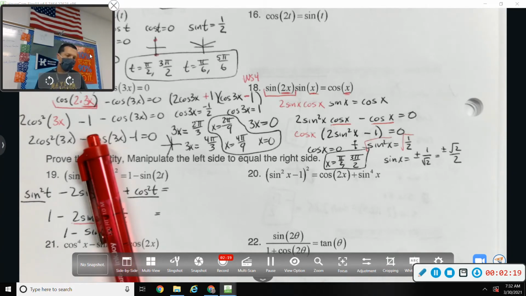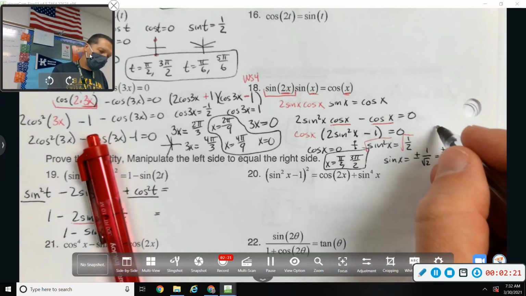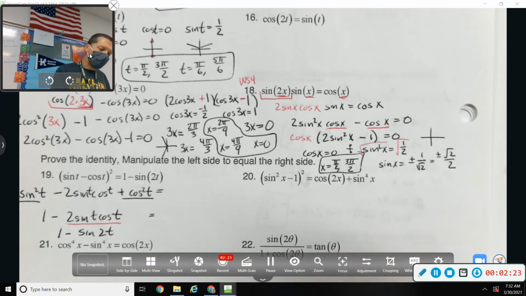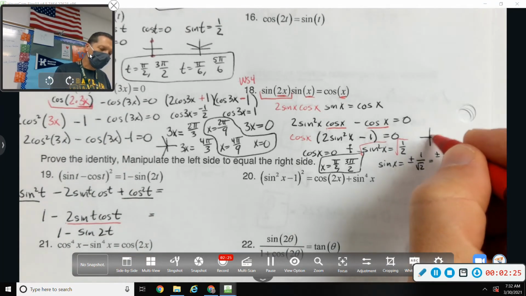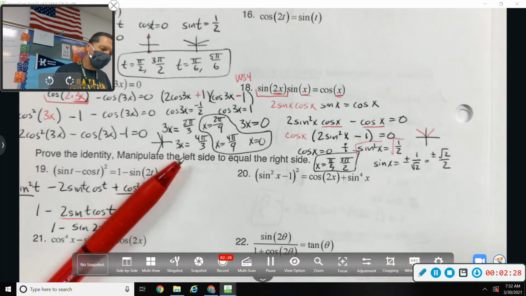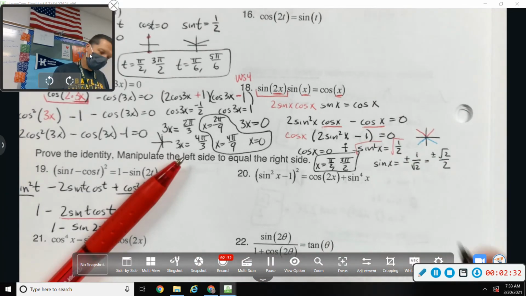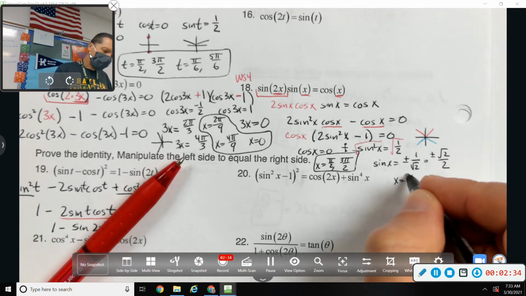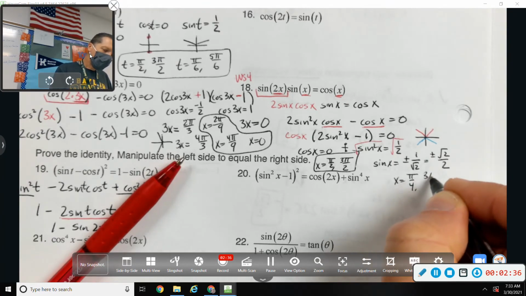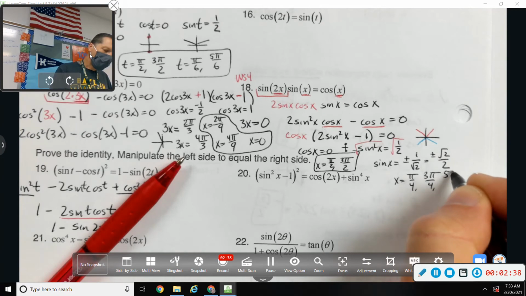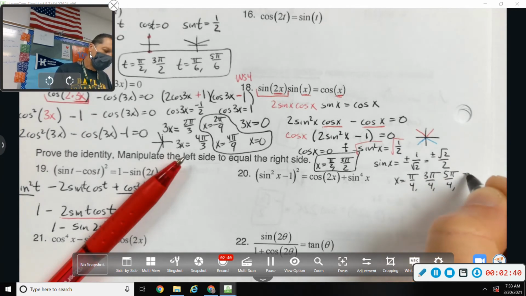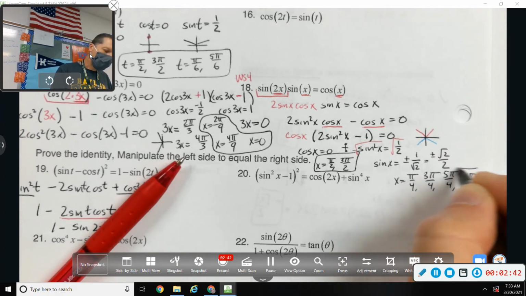So sine is root 2 over 2. With the plus or minus on there, I'm not really worried about quadrants because it's just going to be all of them, all the pi over 4s. So pi over 4, 3 pi over 4, 5 pi over 4, and 7 pi over 4.